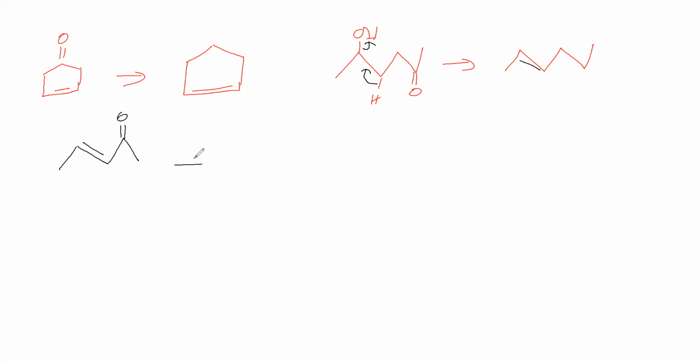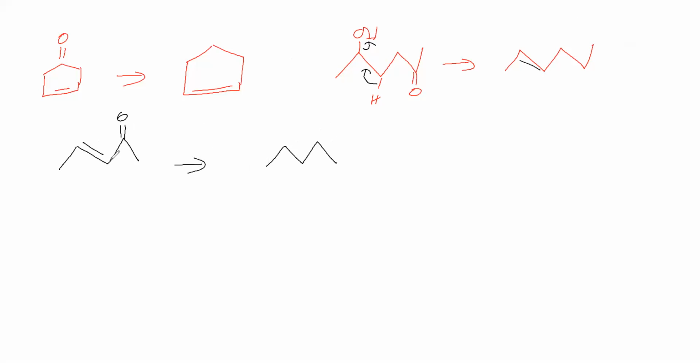Now we will take this reactant and do Clemmensen reduction. This is the product. The carbonyl group converts into a methylene group, and even the C=C double bond is converted into a single bond. Why?